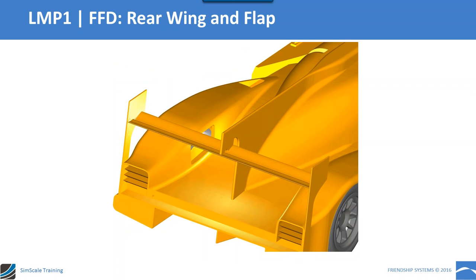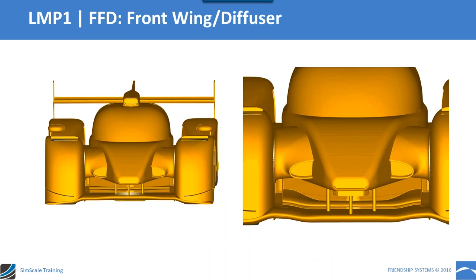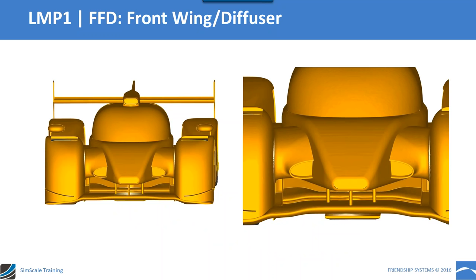Here also in the rear wing, you can change the angle of attack, or also the camber, just by changing the position of this point, and all the geometry will change. And here also an interesting point is the front splitter.